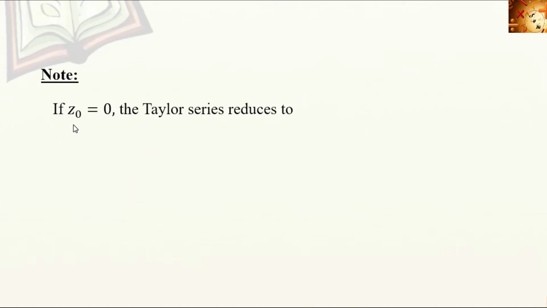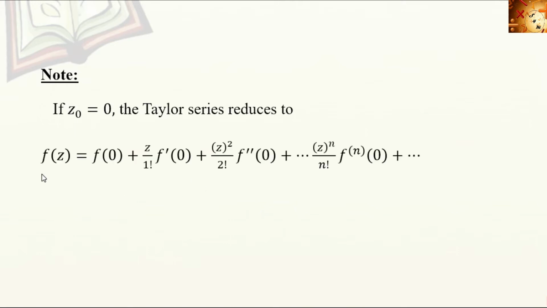If the point z0 is equal to 0, then our Taylor series reduces to the form f of z equal to f of 0 plus z divided by 1 factorial into f dash of 0 plus z square by 2 factorial into f double dash of 0 plus etc., plus z raised to n divided by n factorial into fn of 0 plus etc. Here the point z0 is equal to 0.